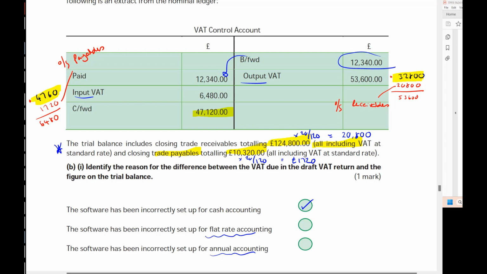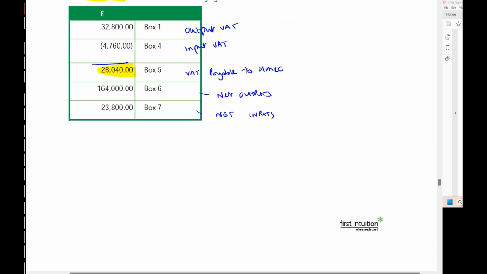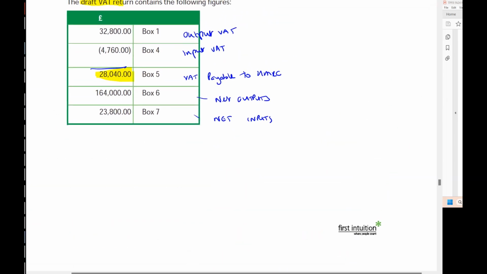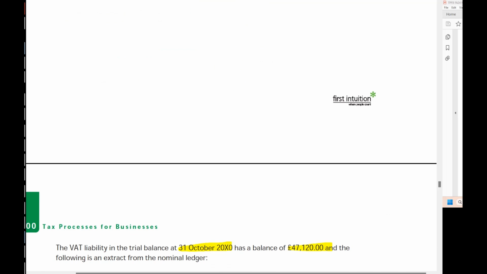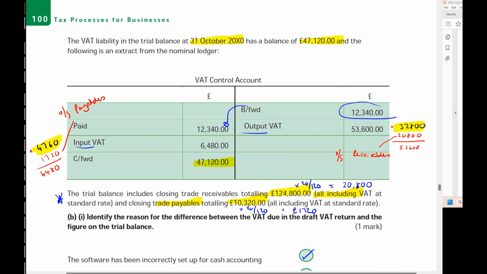But you can see clearly here, the software is the problem. The question tells me that, and the software does not include any of the VAT on the receivables or the payables figures. And there's my problem. It's dealing with cash accounting, even though we're not in a cash accounting scheme.